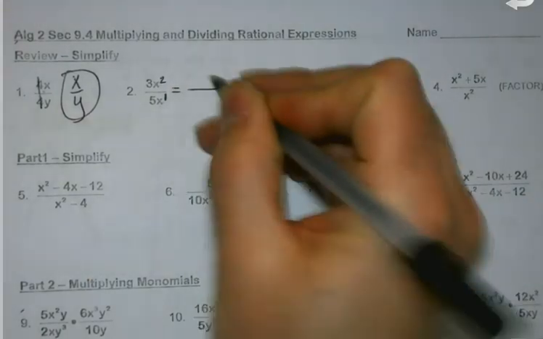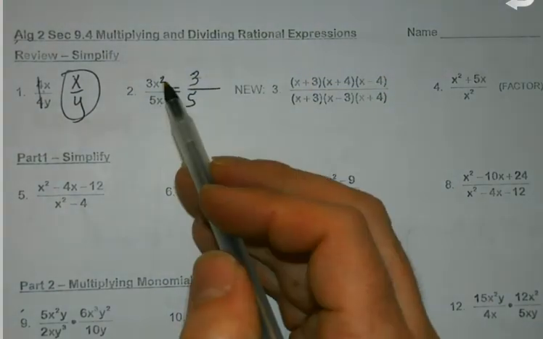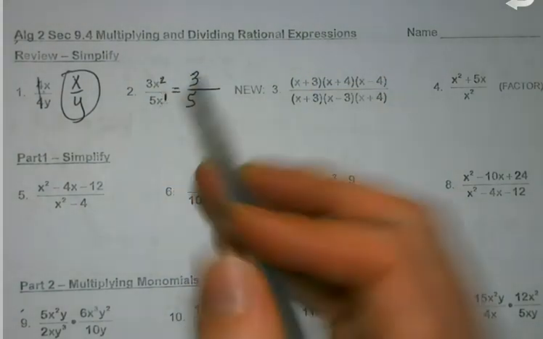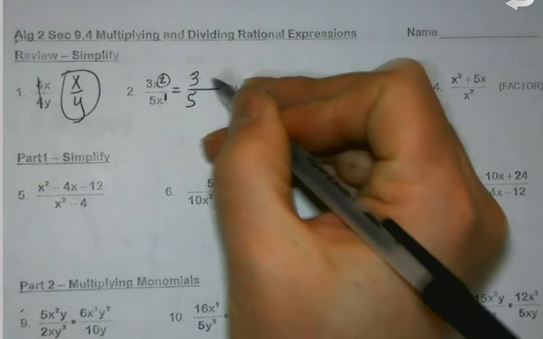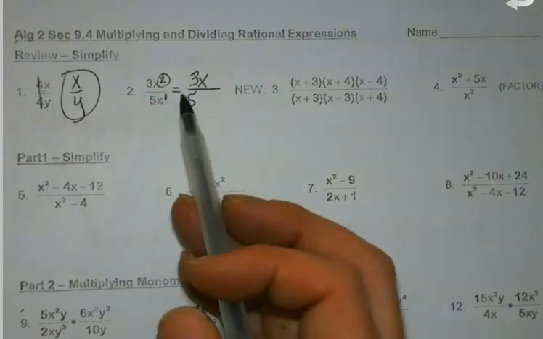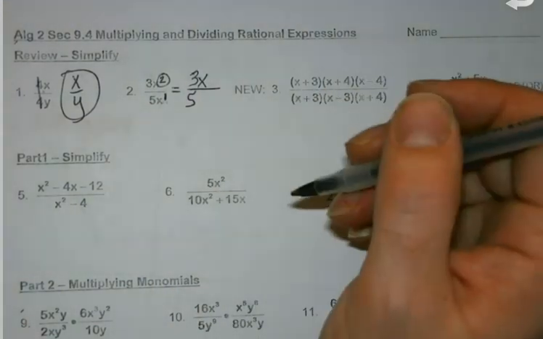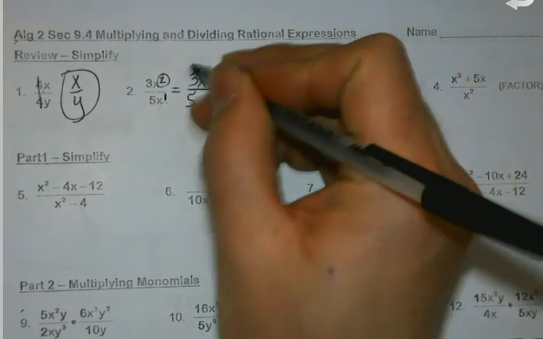Now I can't reduce the 3 over 5, but I can do 2 minus 1, which is 1, and since the larger exponent's in the numerator, I can put it there. Could I draw this out and write 3 times x? Sure, but that could get to be kind of ridiculous if it gets larger with an exponent, as far as I can go.